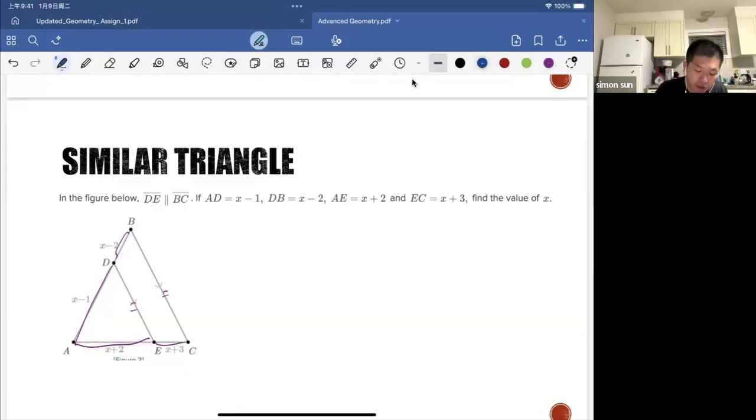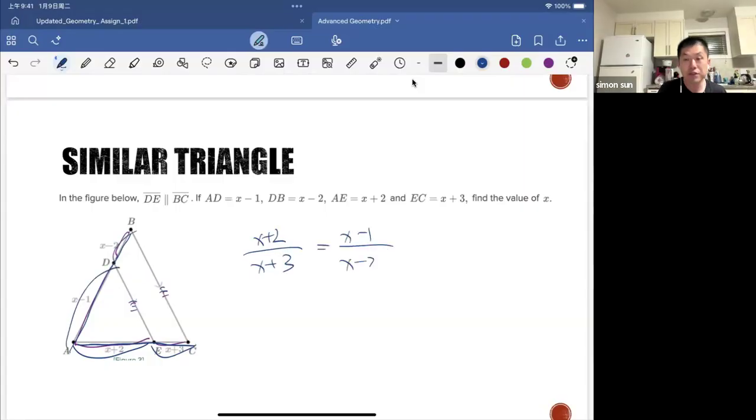Because DE is parallel to BC, the two other sides will be divided into the same ratio. The ratio is the upper one over the bottom. So x plus 2 over x plus 3 is also equal to the upper x minus 1 over x minus 2. Right? That's the formula we have.